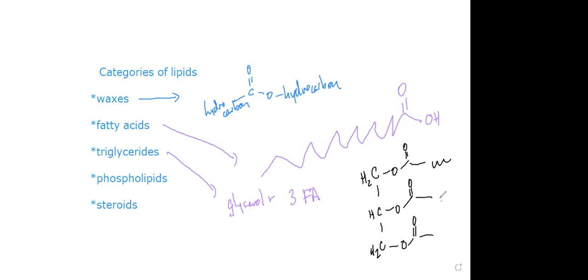And again, those fatty acid chains are going to be long, starting with somewhere around 12 to 14 carbons, could be saturated, could be unsaturated. They would all be triglycerides.